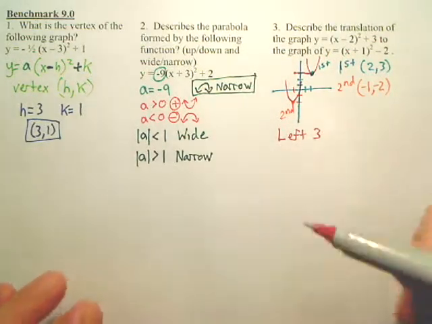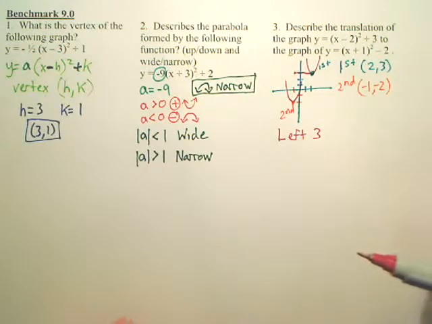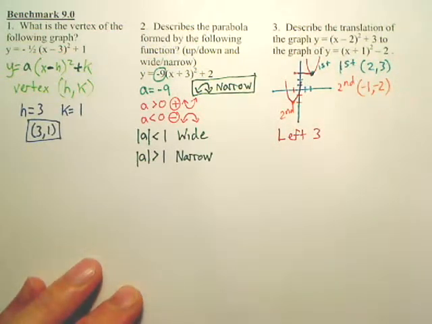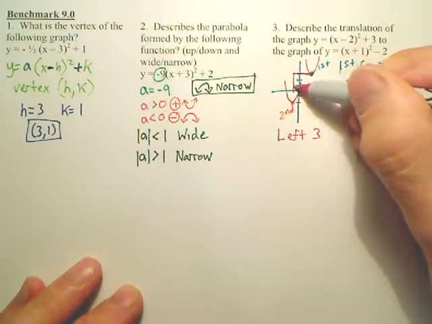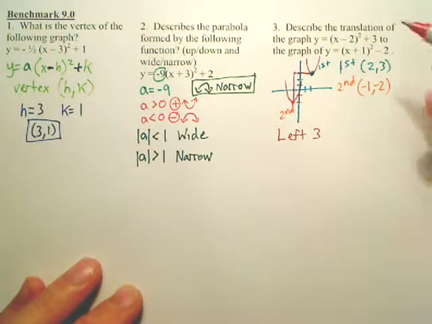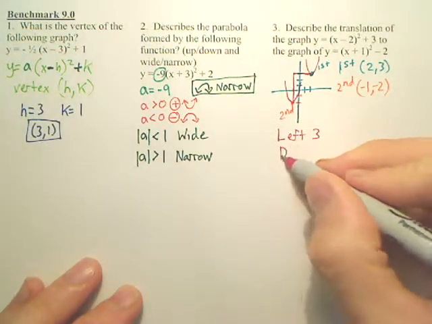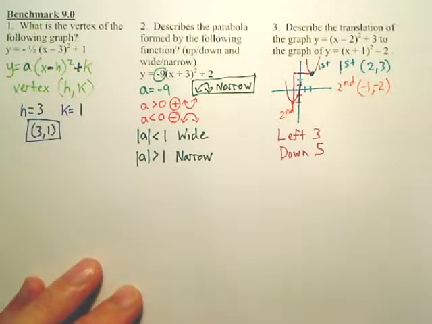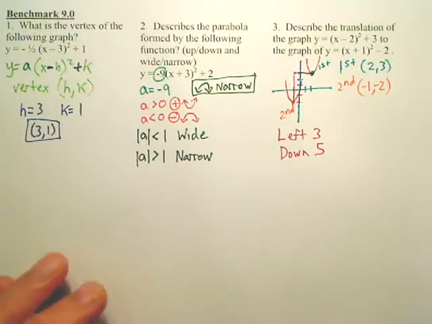You might want to reference your first and second equation. If you don't, people all the time go backwards. They go from the second to the first. Here's where you're starting. You're going left 3, and then what are you doing? You're going down how far? 5. Down 5? Is that right? That's it.